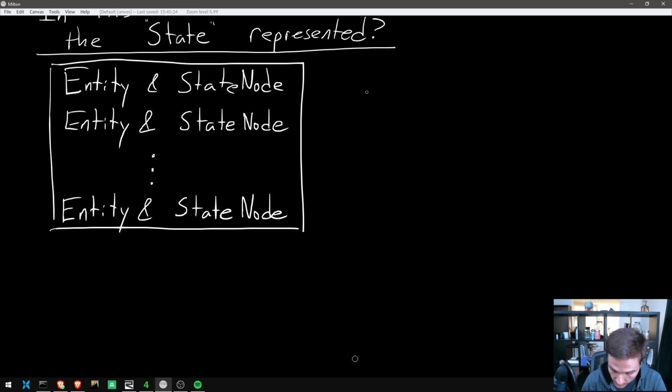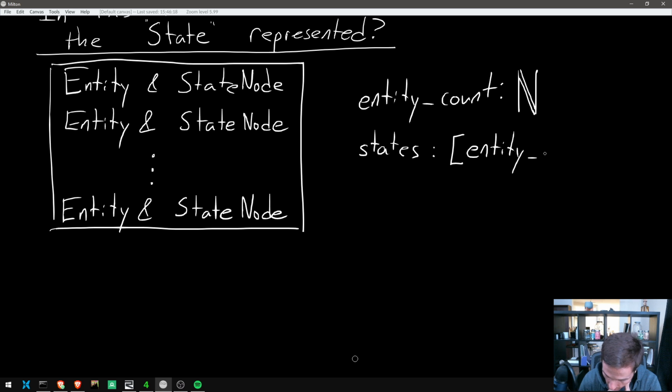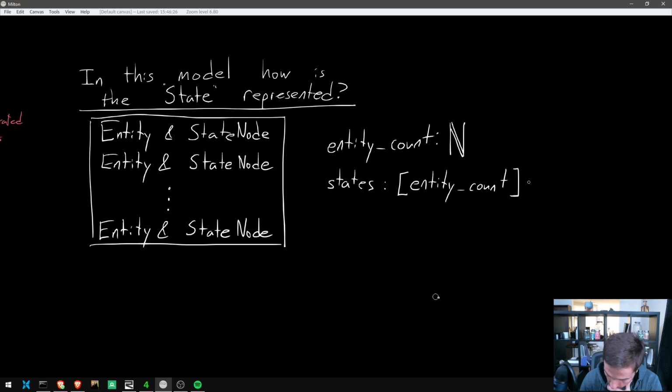So there's entity count, which will be a number, a count, and then the states are actually a map from the indexes of entity count to the values of a state node.